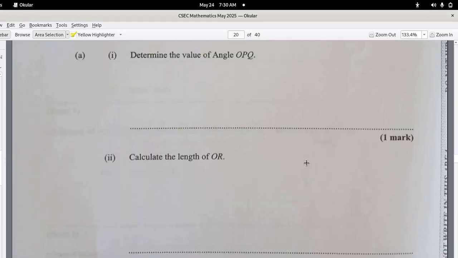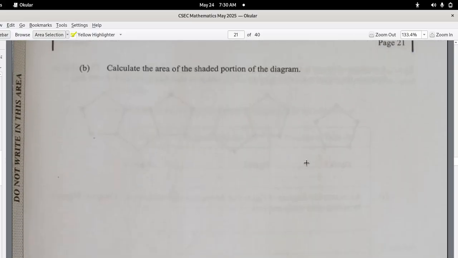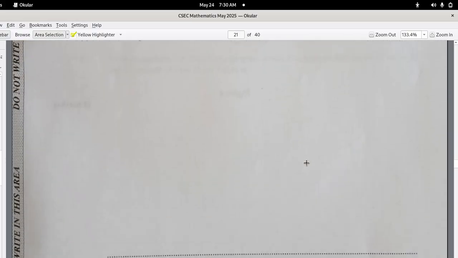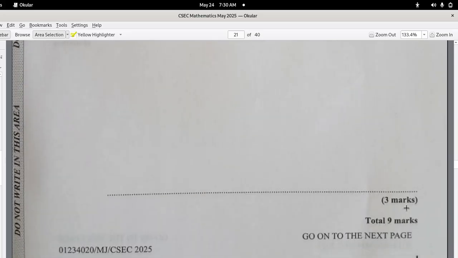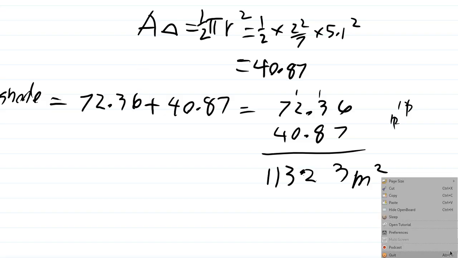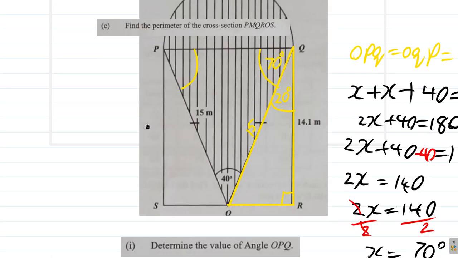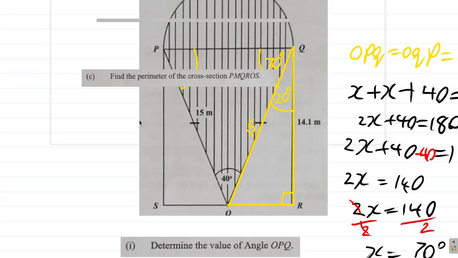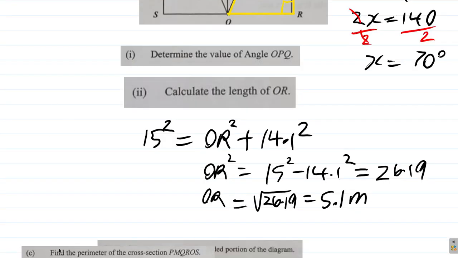Alright, so what else do they say? The shaded portion, the perimeter, for 3 marks. The perimeter. Remember the word peri. It's Greek or Latin, I think it's Greek. Let me look it up.